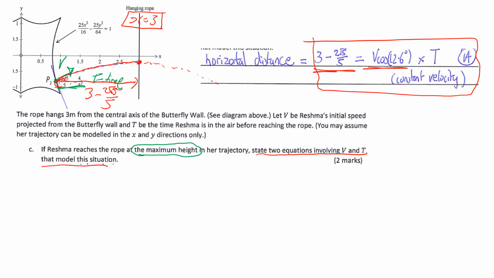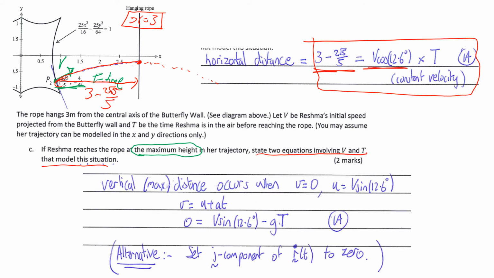Okay, moving on. This was perhaps the harder component. The vertical distance: what I've done is just analyze it using constant acceleration understanding. So constant acceleration resolved in the j direction. Her initial velocity is V sin 12.6 degrees. We need to find out the distance she covers when the final velocity is equal to 0.